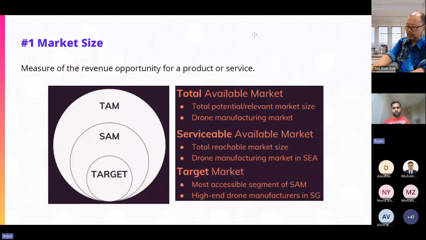And then when you come down to the serviceable available market, if you sell this to every person in Southeast Asia, then maybe you can capture $5 billion from the $15 billion global market. But of course, as a small company, you don't have the resources to serve the entire Southeast Asian region. So you select a target market.